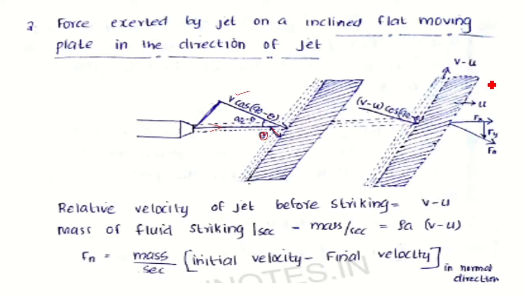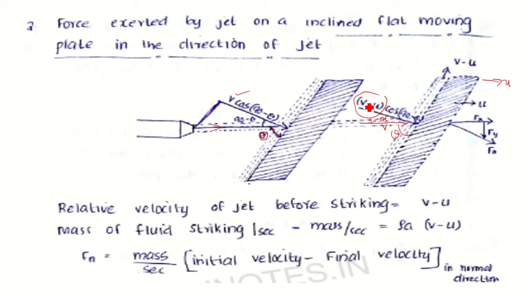Since the plate is moving with a velocity u, the jet of water is striking at a relative velocity only, that is v minus u, and cos (90 minus theta) gives the normal component of velocity. The velocity is v, this is theta, so this portion is 90 minus theta.